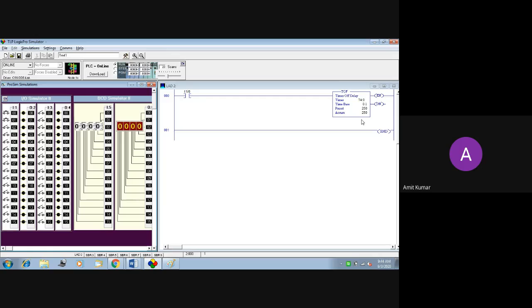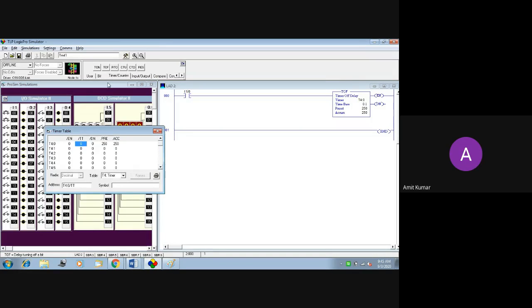Once it reaches 250, it will go low. Here, whenever the preset value is less than the accumulator, the done bit is high, and the TT bit will be high when it is completing that operation. I will show you where the TT bit is high.